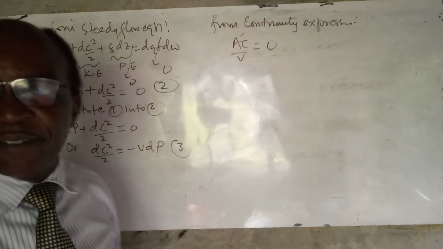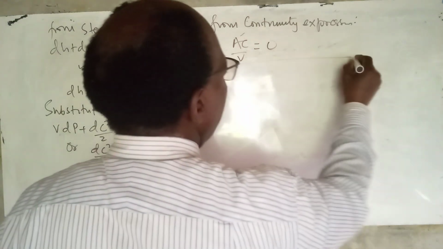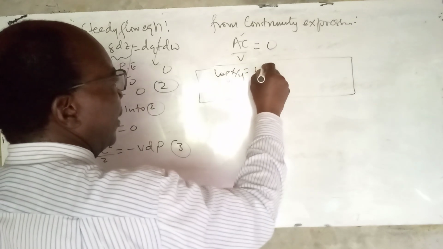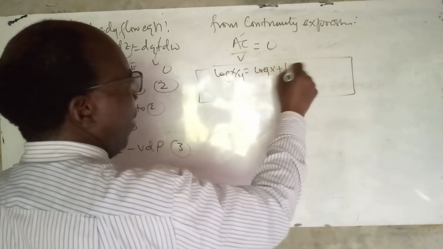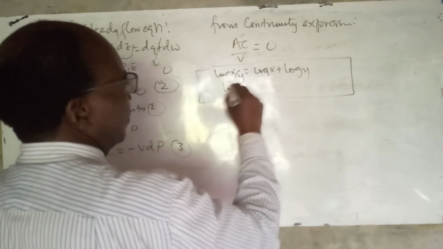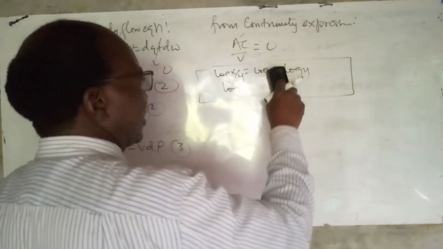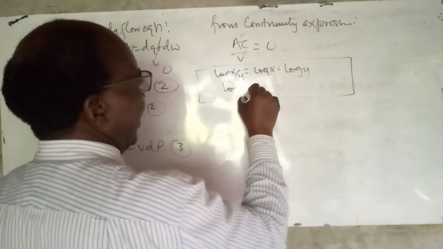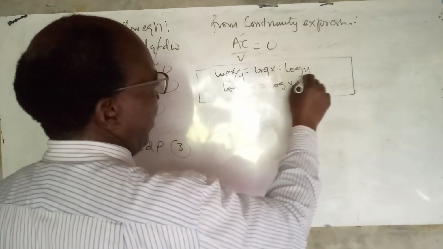If we take the logarithmic form of this expression, I will use the identities: log of x over y is log x minus log y, not plus, and log of xy is log x plus log y.